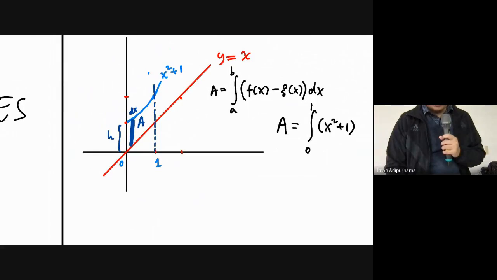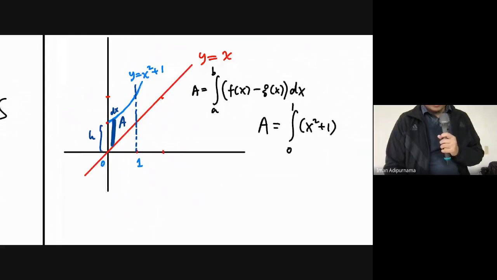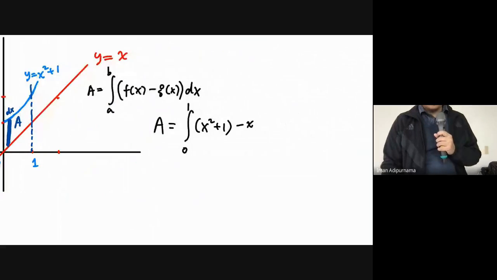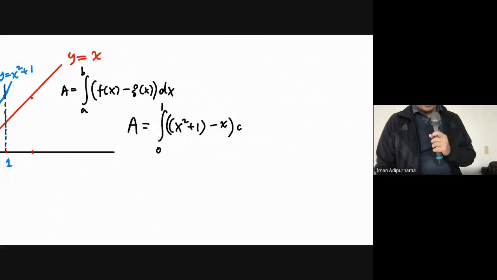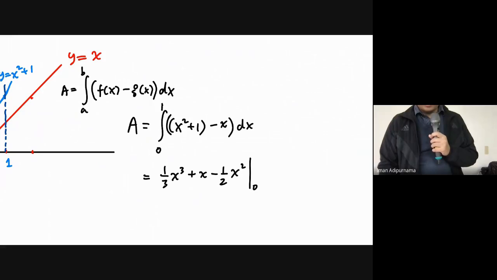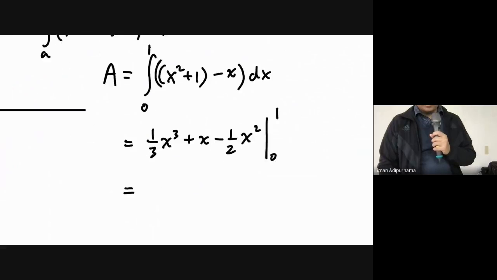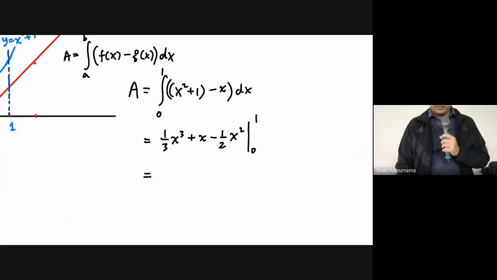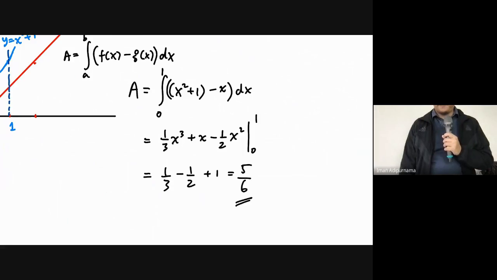This is x squared plus 1, and then minus x, dx. Integrate. And you get 5/6.